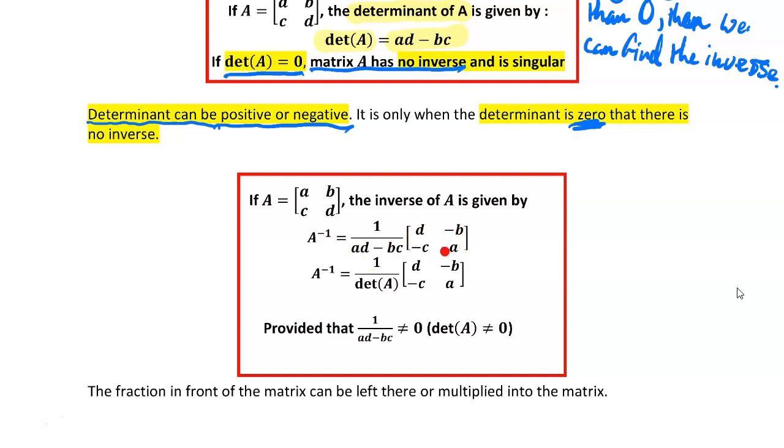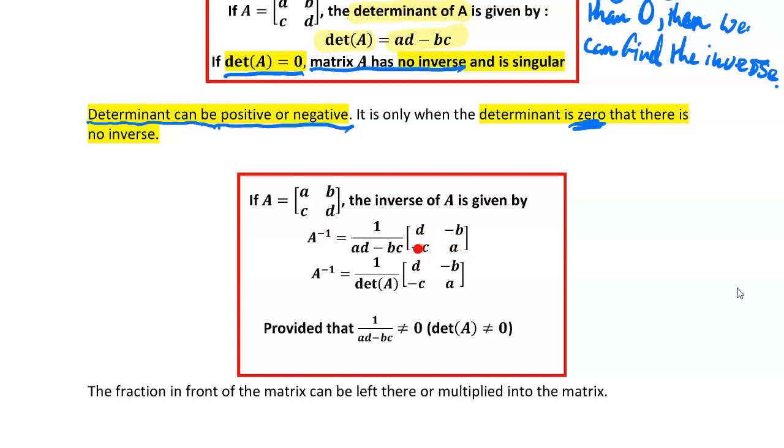Now this matrix is the original matrix rearranged a little bit. So what we do is we flip the position of the original A and D. That diagonal gets flipped. You can see we've now got D up there and A down there.